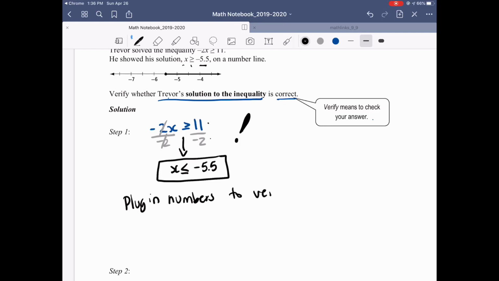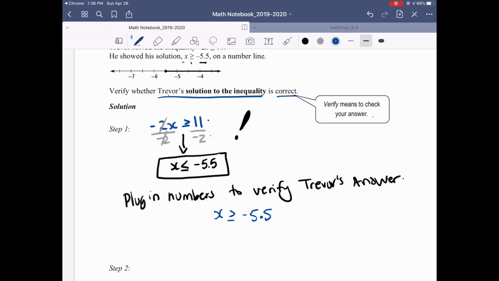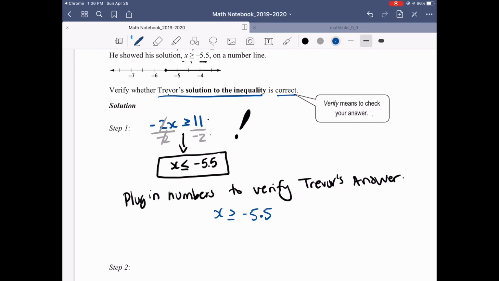To verify Trevor's answer. Okay, so Trevor said that x has to be greater than or equal to negative 5.5. So let's pick a number that fits that range. I'm going to choose the number positive 1.